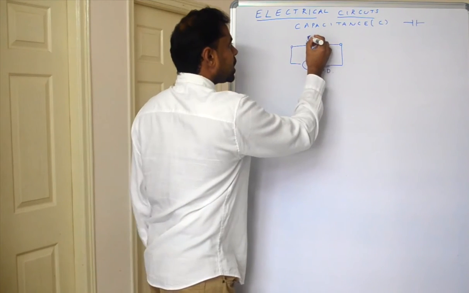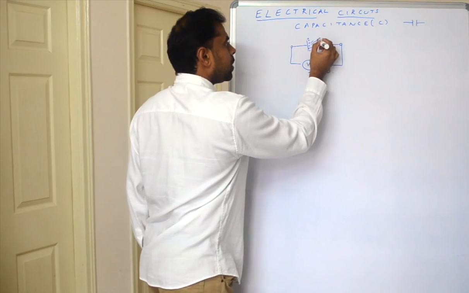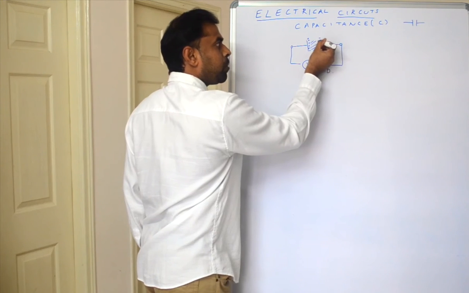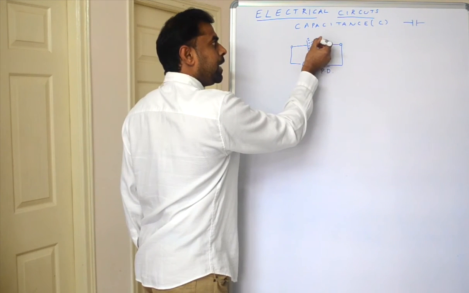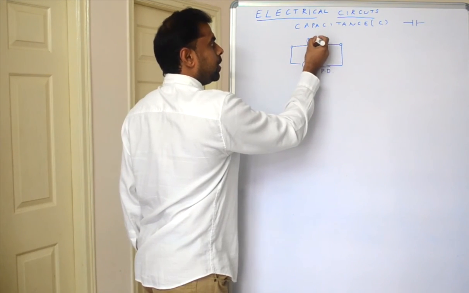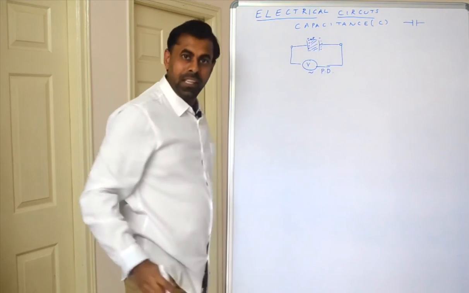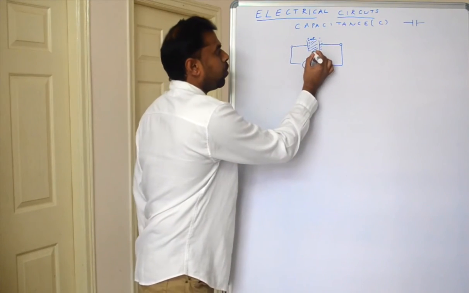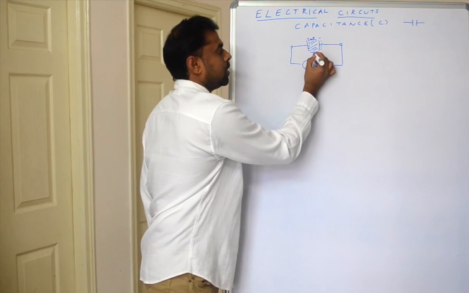So the current starts flowing, so the electrons flow from the negative terminal plate to the positive terminal, which I am indicating by E, the electron flow direction. So the current flows from this direction.